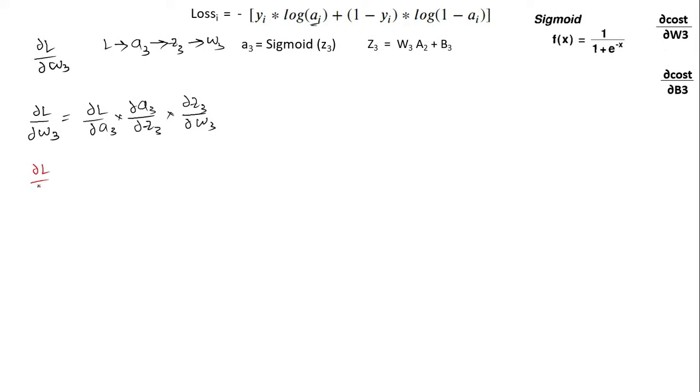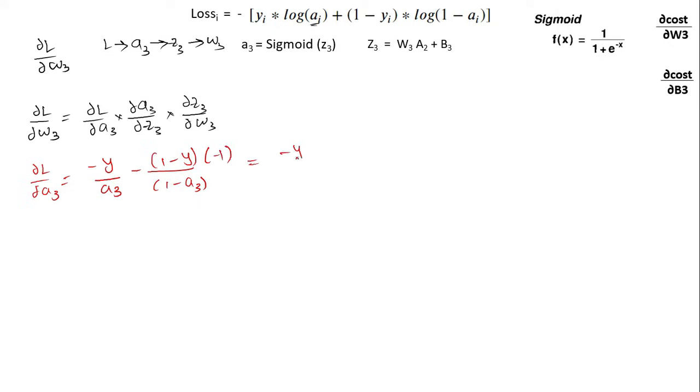We will find these individual terms. Let's start with del L by del A3, which we can find by taking the differentiation of this equation. Also note that this del represents the partial derivative, which means that only a will be considered as a variable while y will be considered as a constant. So it comes out to be minus y upon a3, minus of (1 minus y) upon the derivative of log of 1 minus a, which is 1 minus a3, and again the derivative of this 1 minus a3 is going to be minus 1.